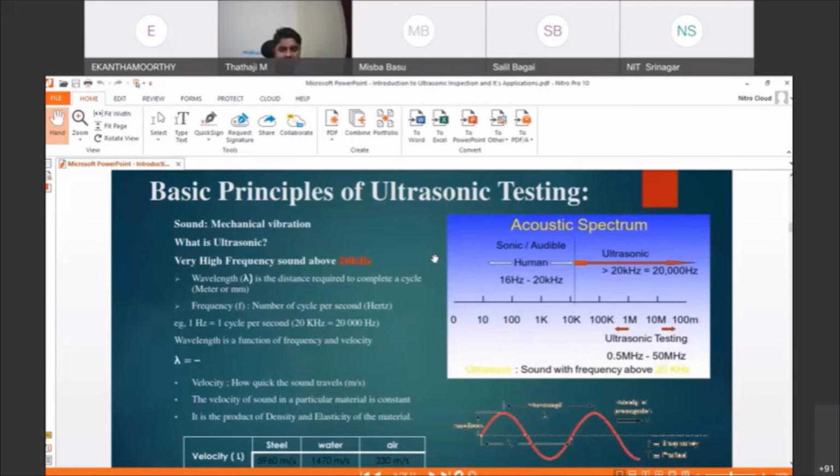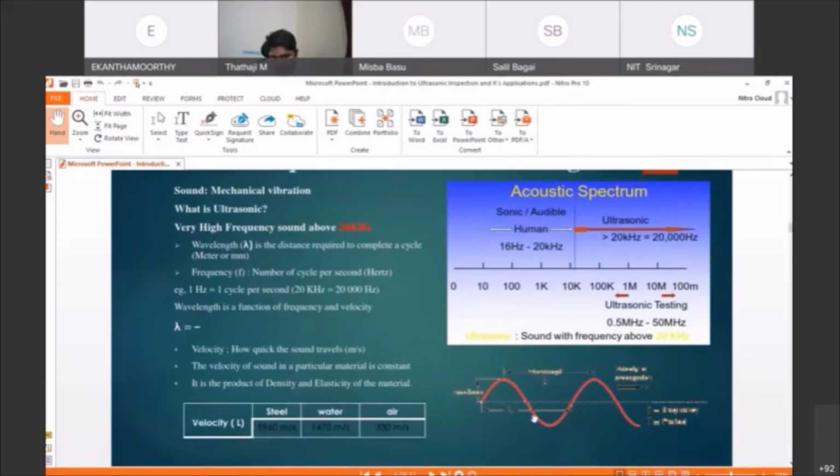If you see this acoustic spectrum, 16 Hz to 20 kilohertz is called the audible range, and after 20 kilohertz it's the ultrasonic range. In this ultrasonic range, the basic parameters include wavelength, frequency and velocity. Wavelength is the distance required to complete an entire cycle.